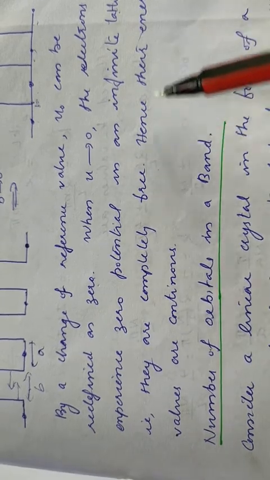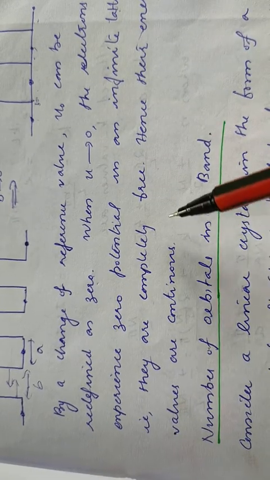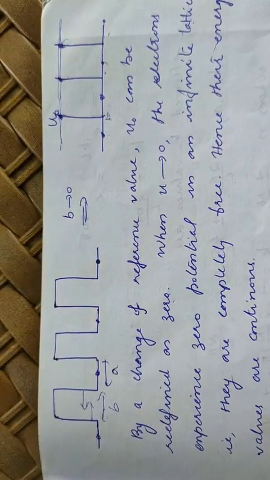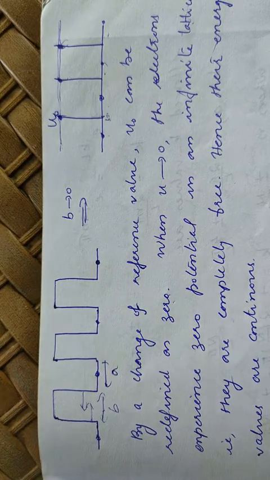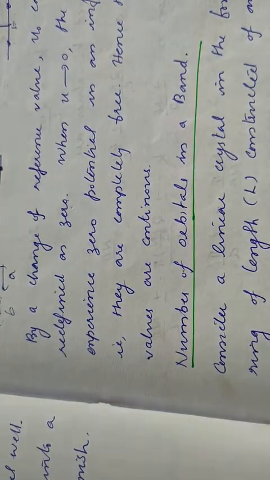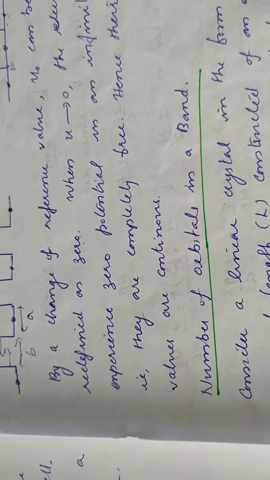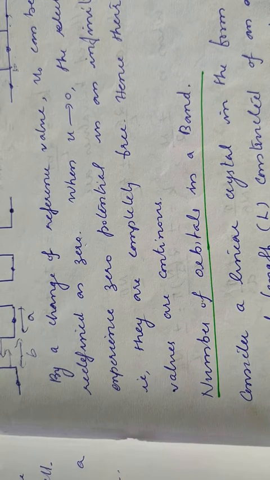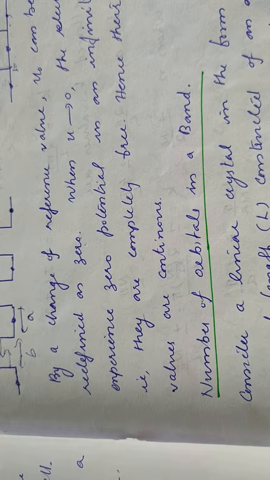But energy levels occur when there is a potential which is periodically varying in nature. So these are about the Kronig-Penney model and how this model explains the origin of energy levels, energy bands in solids, and how the forbidden energy gap arises.